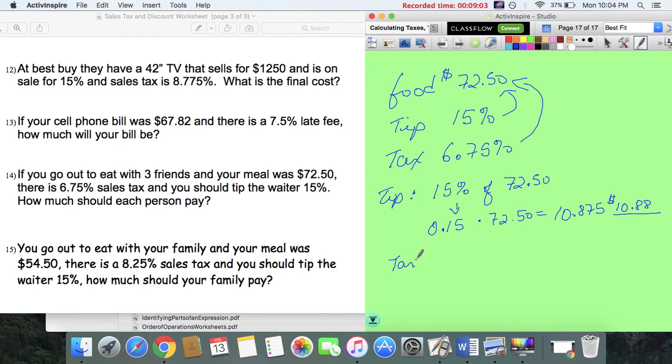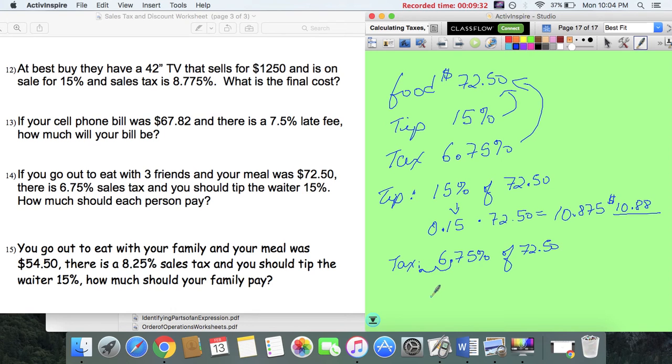Taxes. Your taxes is going to be 6.75% of what? Of your total food bill. You're not paying taxes on the food and the tip. You're paying taxes on just the food. So again, change the percent to a decimal. So we move the percent sign, 6.75, and we're going to move that decimal 2 over. That way, 1, 2.